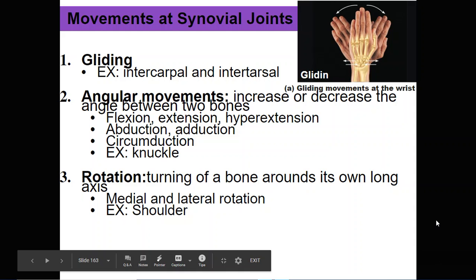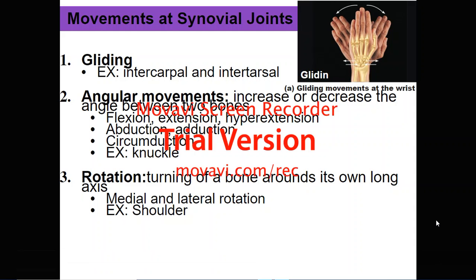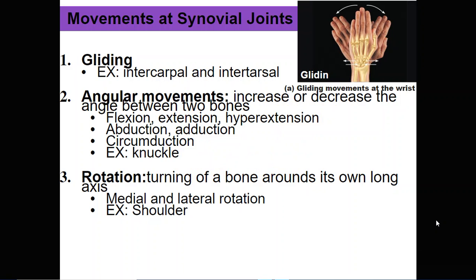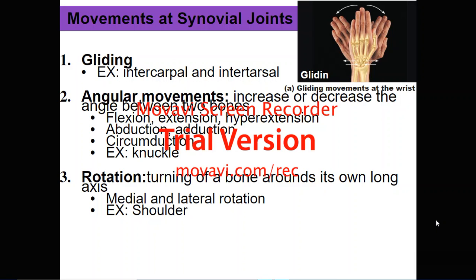You can do flexion, extension, hyperextension, abduction, adduction, and circumduction. We're going to go into more detail on each of those with the figures. The third type, rotation, is turning the bone around its own long axis, and we talked about your shoulder being able to do that.